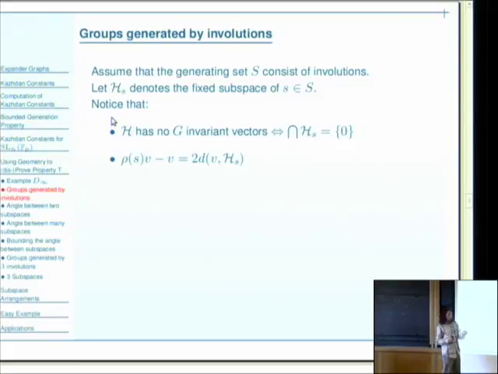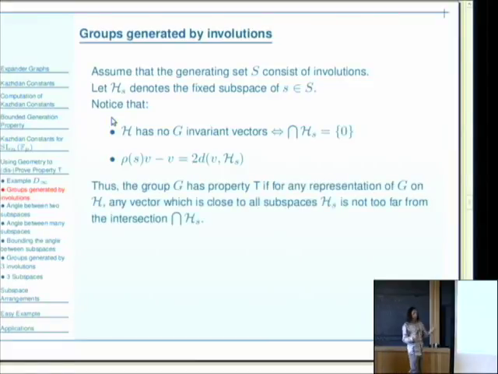Okay, so if I have a generator, this generator moves any vector by something which is more or less the distance from the vector to the fixed subspace. You have a factor of 2, ignore it, no big deal. So if I want to prove that the group has property T, what I have to do is prove that for any representation, if I have any vector which is close to all of these fixed subspaces, the vector has to be close to the intersection.